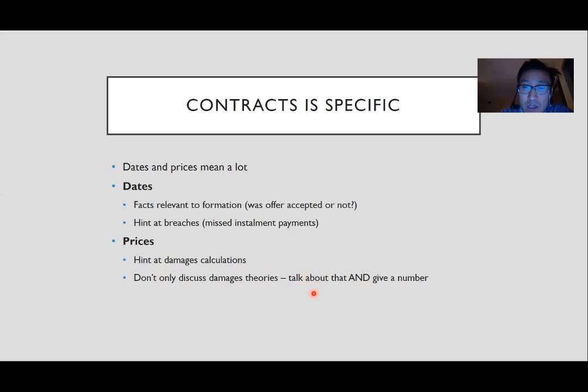You talk about the damages theory, but if there are prices given, you try to actually calculate the damages. And I noticed some exams where people didn't do that. They talked about expectation damages and consequential damages, but if there are numbers, the professor wants an actual number. There is probably a right answer in a way that is less true of other situations.